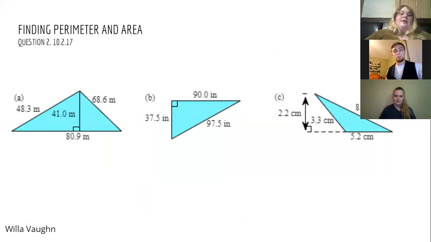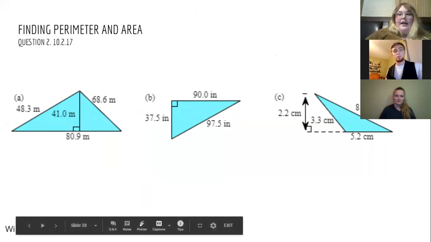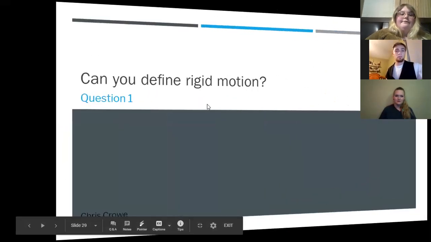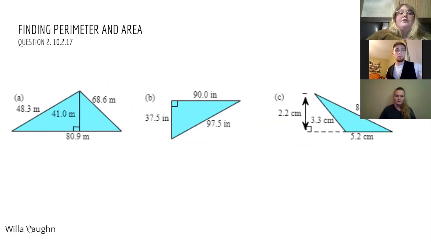So we have our figures right here, and I'm just going to do figure A to give you what it means. So the formula for perimeter in a triangle is the sum of the sides.